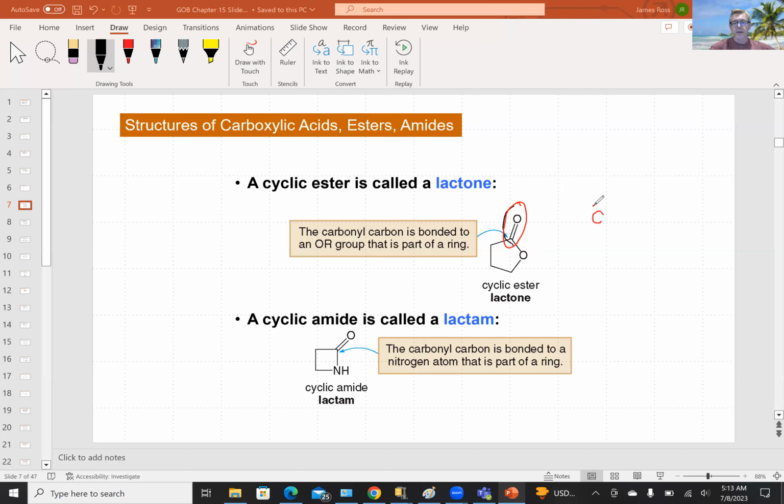To be an ester, you have your carbonyl, you've got your adjacent oxygen, but you also need a carbon. So that's really what we need to be an ester, a carbonyl with an OC on one side. So we have the OC here. That's what makes it an ester, and it's all linked in on itself. So we have a cyclic ester, we call that a lactone.